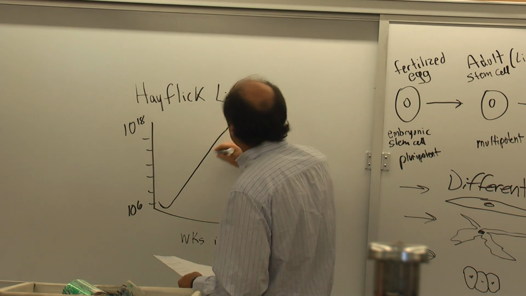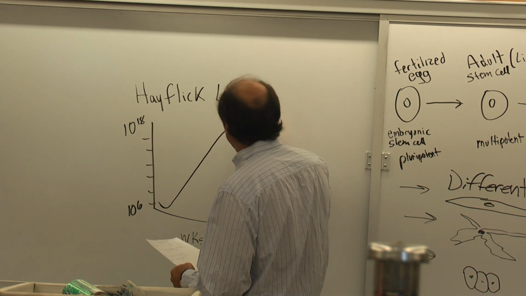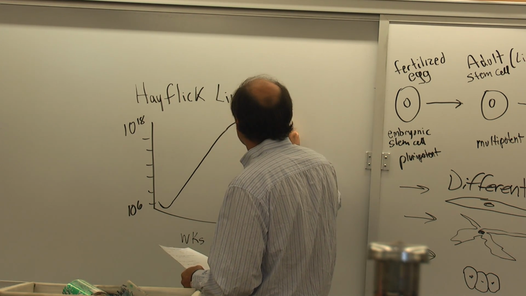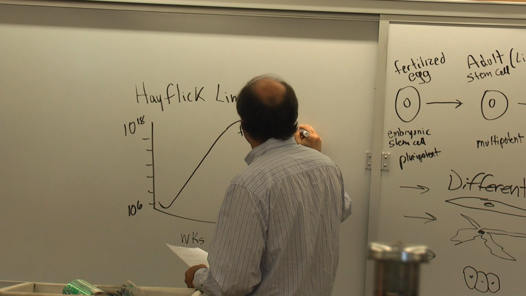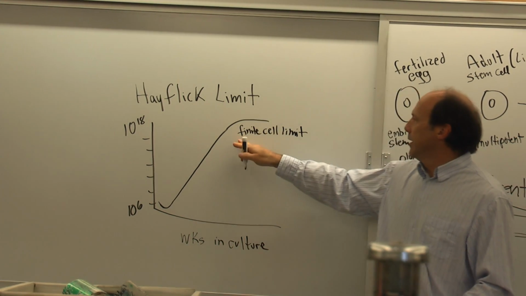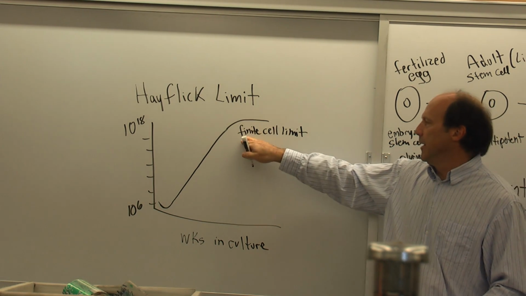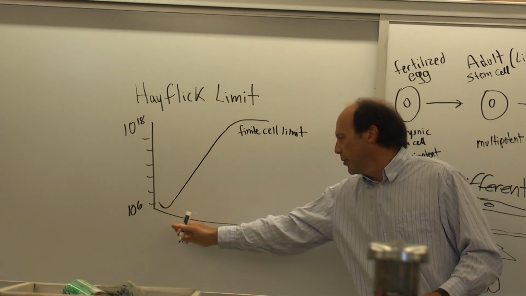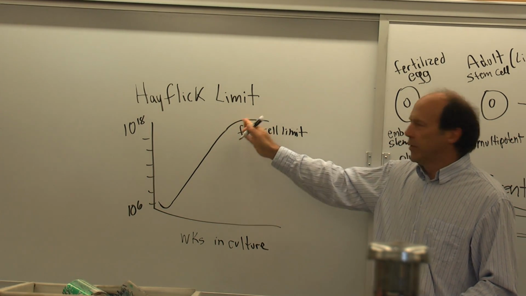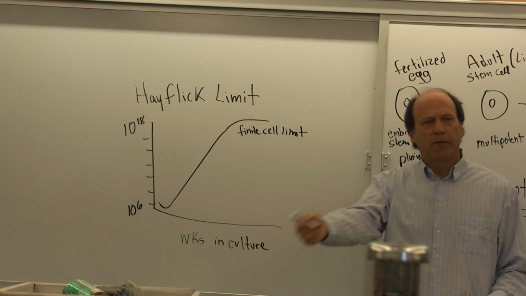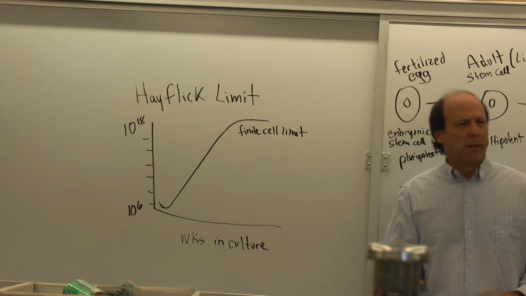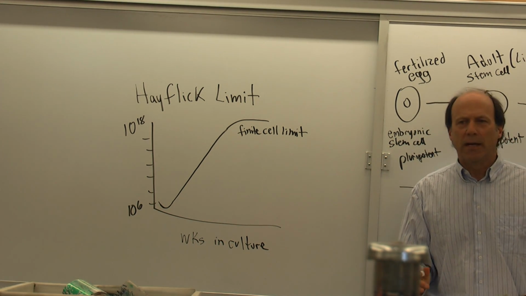Well, there's going to be a plateau at this point. This is going to be a finite cell limit. That means that the cells are not going to grow infinitely. They're finite. There's a certain number of cell divisions, a certain number of weeks in culture, where at that point the cells are going to stop dividing. So yeah, week 3 we're fine, a couple more weeks, 10 weeks we could go out.